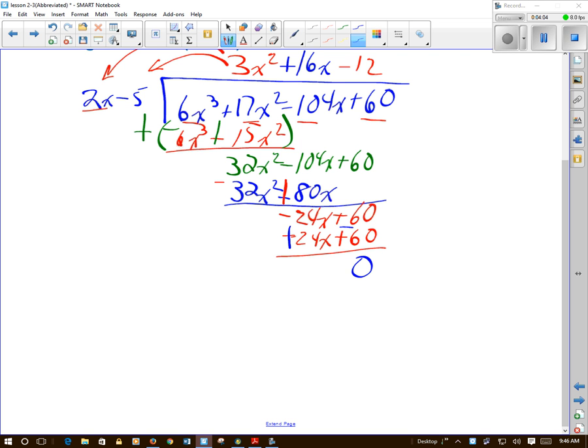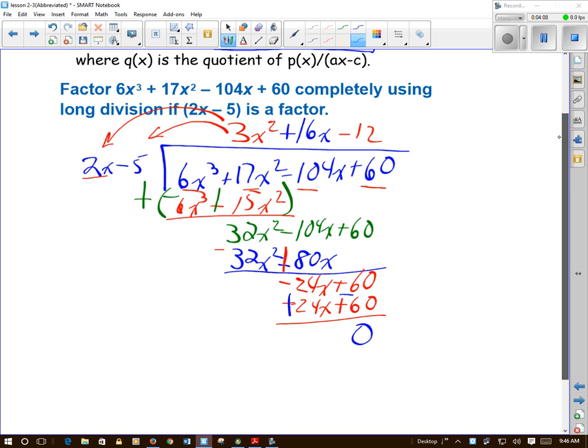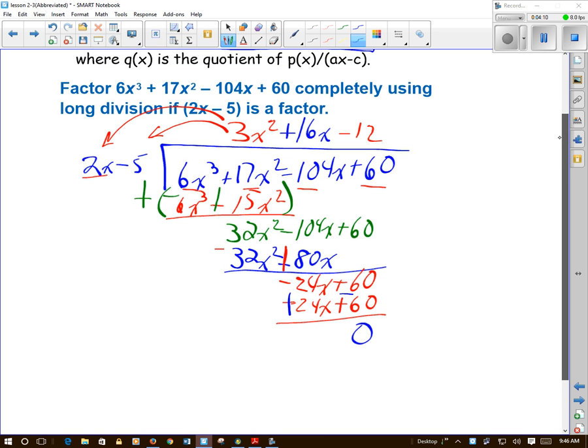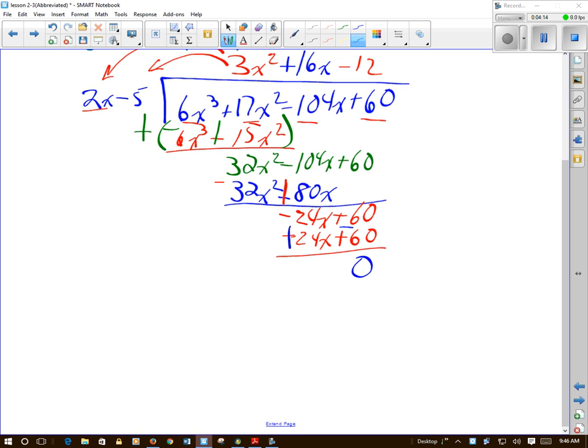So our answer is 3x squared plus 16x minus 12 for the quotient. But the question was, factor it completely. So we now know that this original polynomial can be written as 2x minus 5 times 3x squared plus 16x minus 12.